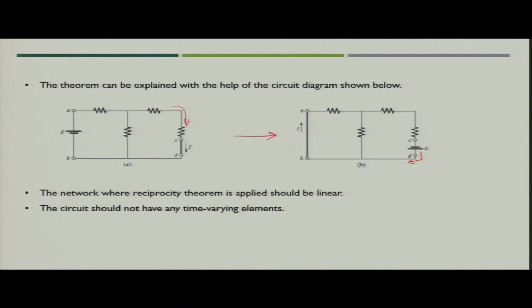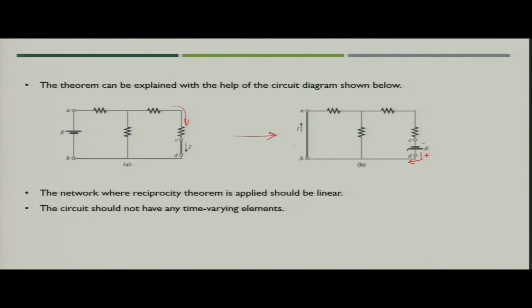That is why, if you see here, between C and D, the polarity of E is minus on the top and plus on the bottom. This will make sure that the current flowing from the source would be in the same direction as when the original circuit was energized.